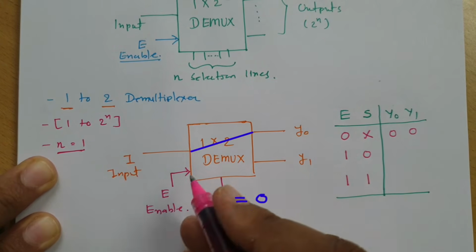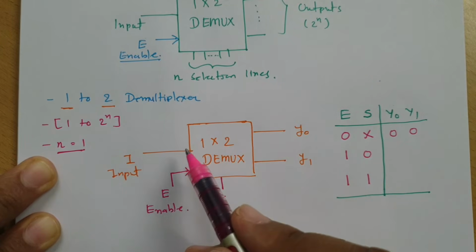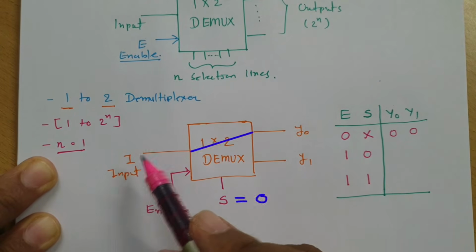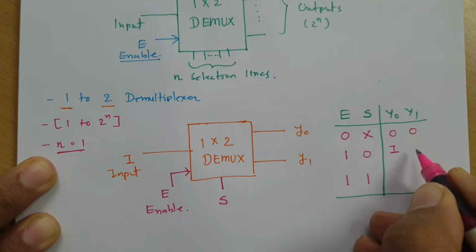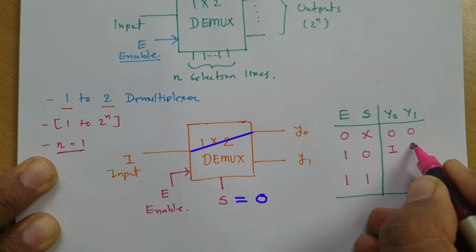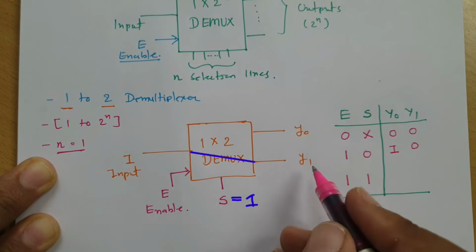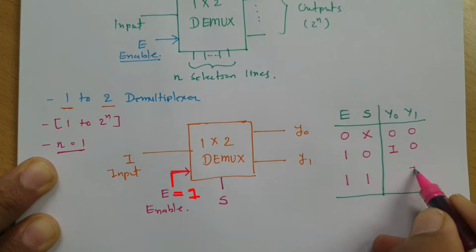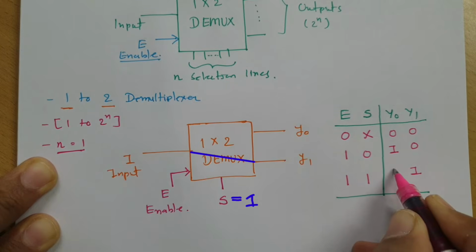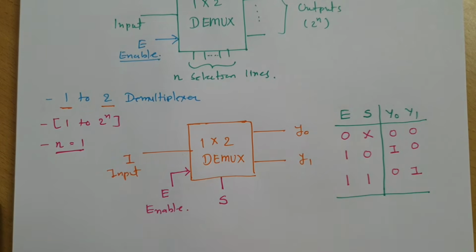If selection is 0, y0 gets selected, so y0 is equal to I and the output y1 stays 0. If selection is 1 with enable equal to 1, then y1 is I and y0 is 0. This is how the working of the demultiplexer is.